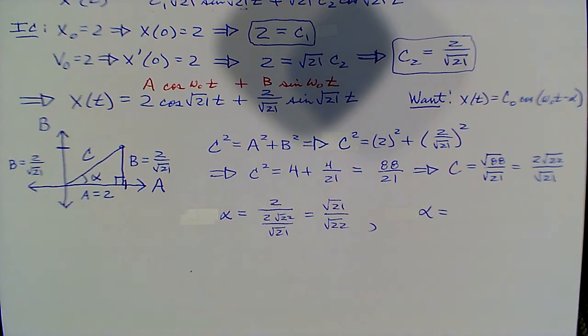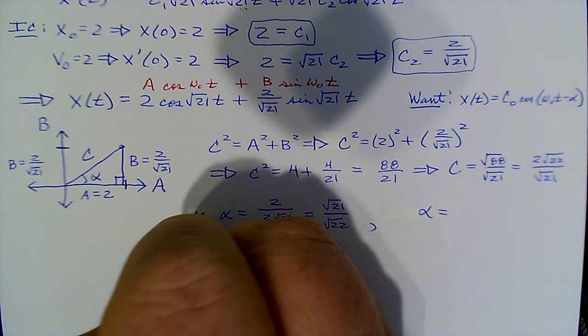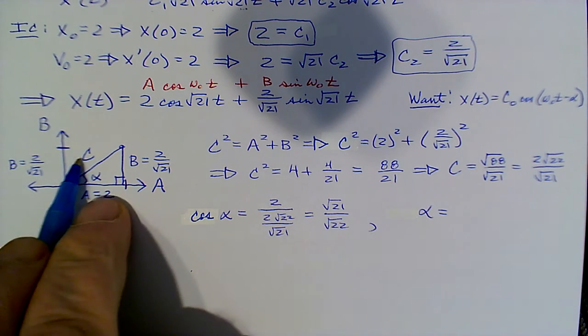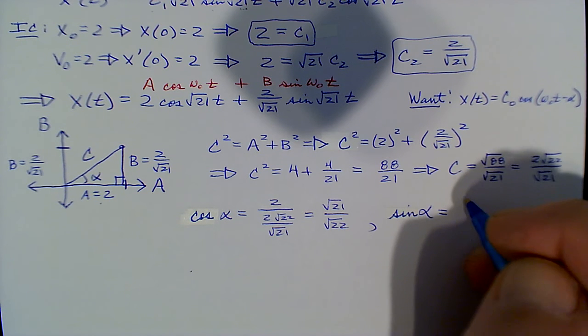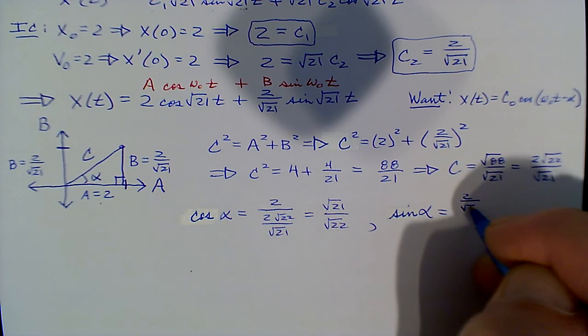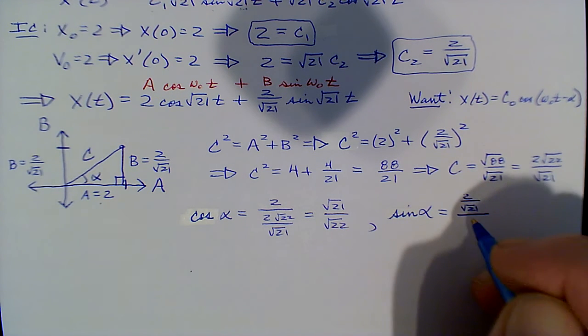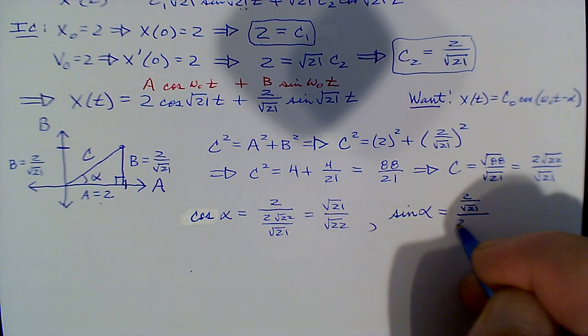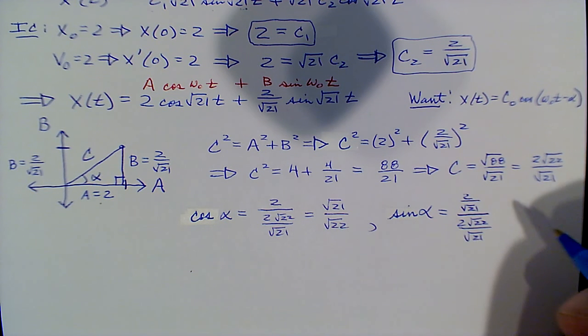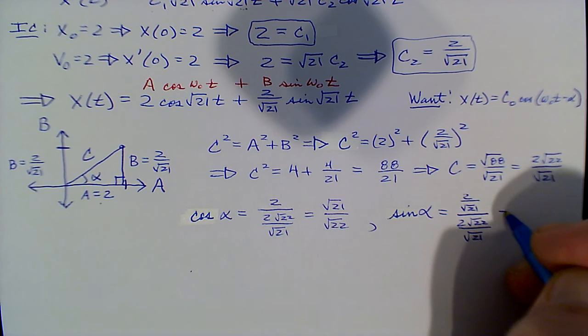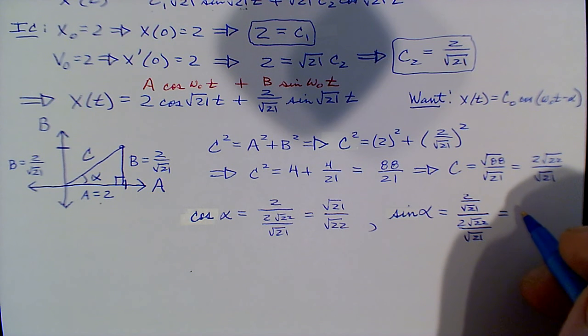So that's the cosine, adjacent over hypotenuse. And now the sine is opposite, 2 over the square root of 21, over hypotenuse 2 square root of 22 over square root of 21. And then we just get 1 over the square root of 22.